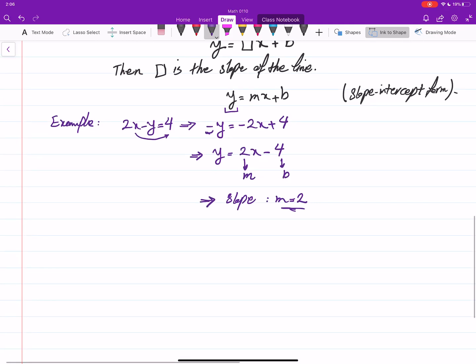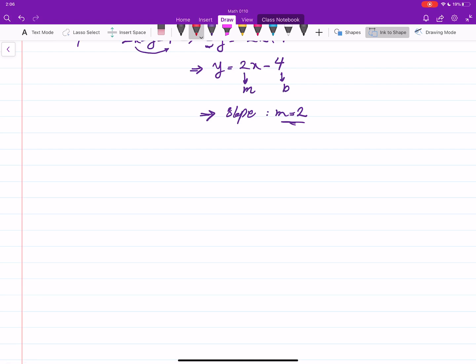Let me finish the video with a last remark, on the special cases. For horizontal lines, you remember the equation is y equals a constant.